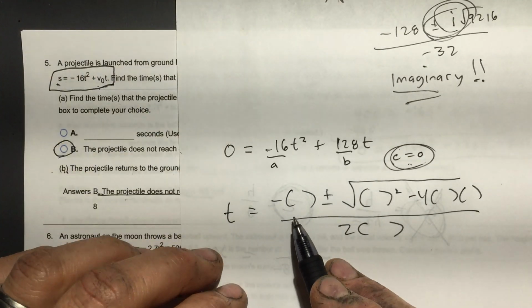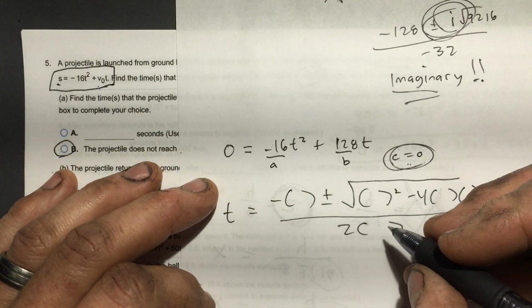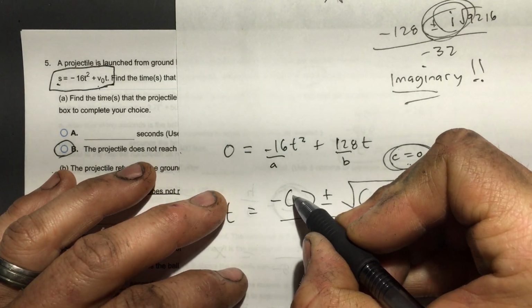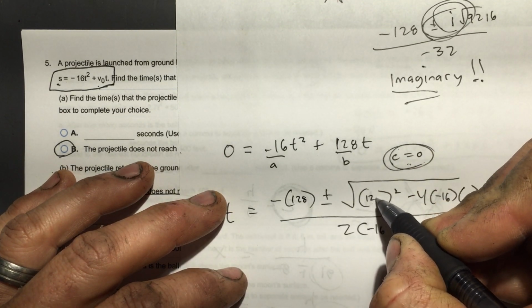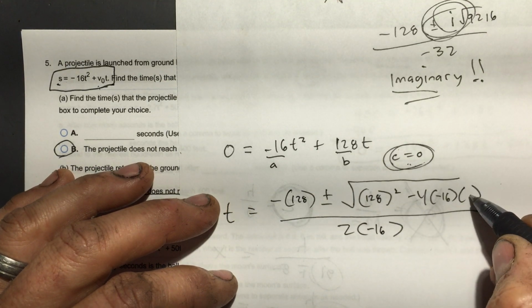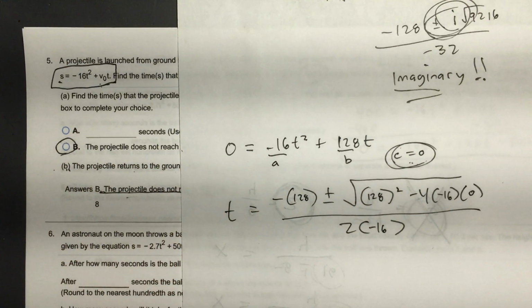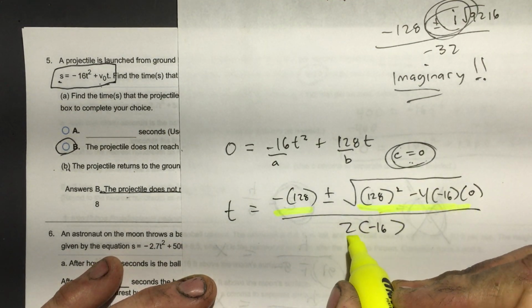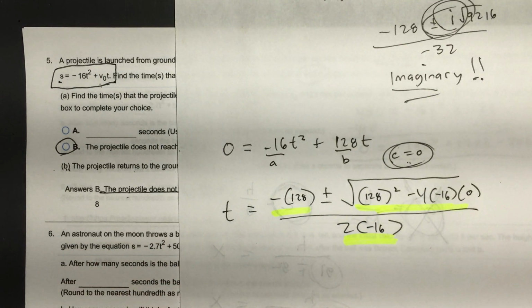And now this time, my A is negative 16, so negative 16 goes here and here. My B is 128, that goes here and here. And then my C is 0, that's a big 0 right there. Okay. And so now I've got 1, 2, 3 things to do.